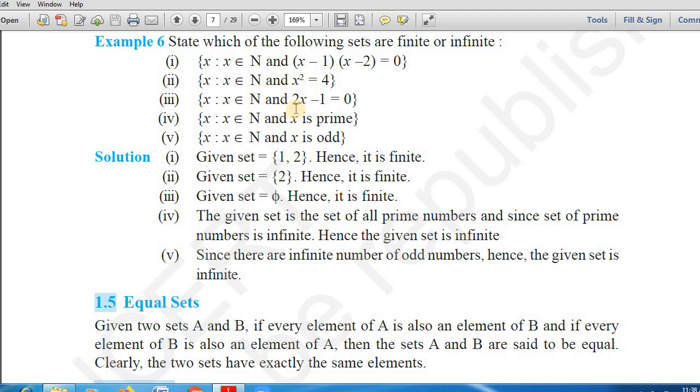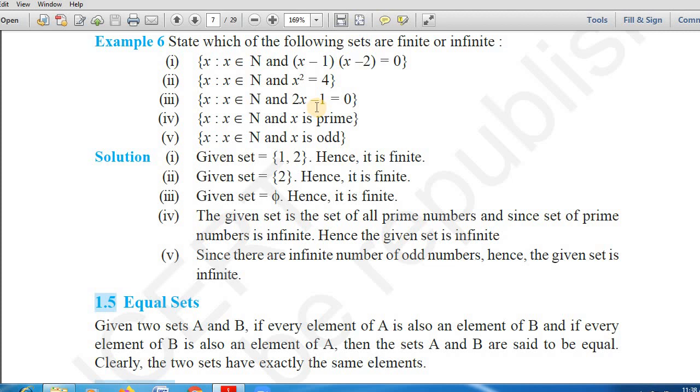Similarly, in the third example, twice x minus 1 is equal to 0, the second condition. This relation gives us x equal to half. From the first condition, x must be natural. But half is not natural. So satisfying both conditions, we do not get any value of x.